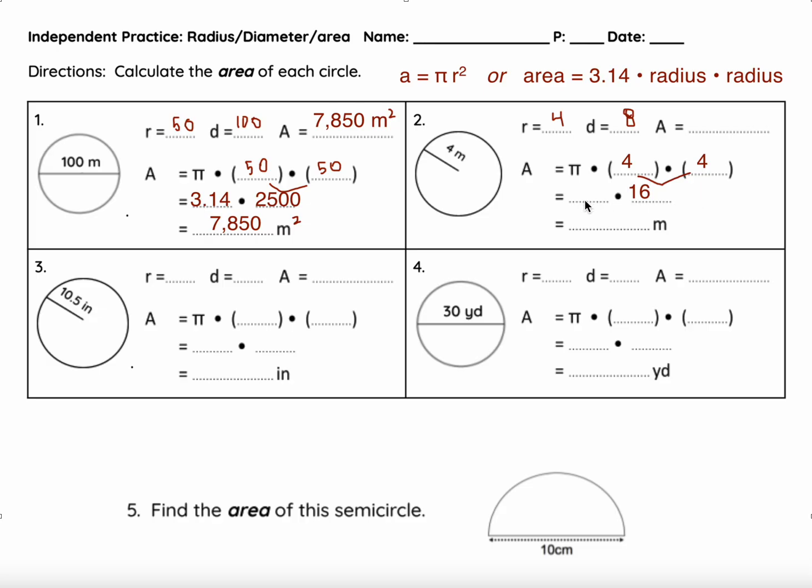And for pi, once again, we're using 3.14. So we have 3.14 times 16. I'll use my calculator again. 3.14 times 16 equals 50.24.